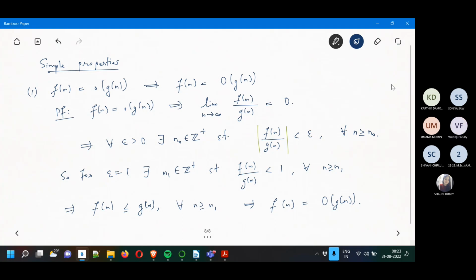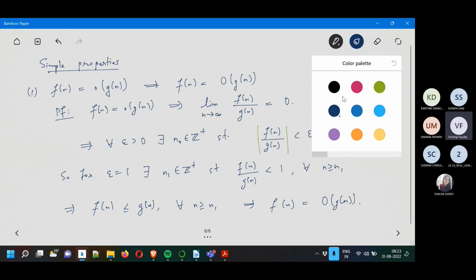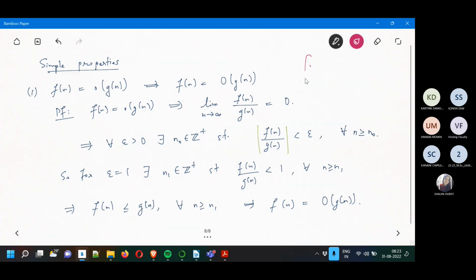All right. Let me quickly mention a remark. Converse is not true. Okay, check. In fact, one of the examples we have already seen is a counter example. Okay, so check in the sense find a counter example.